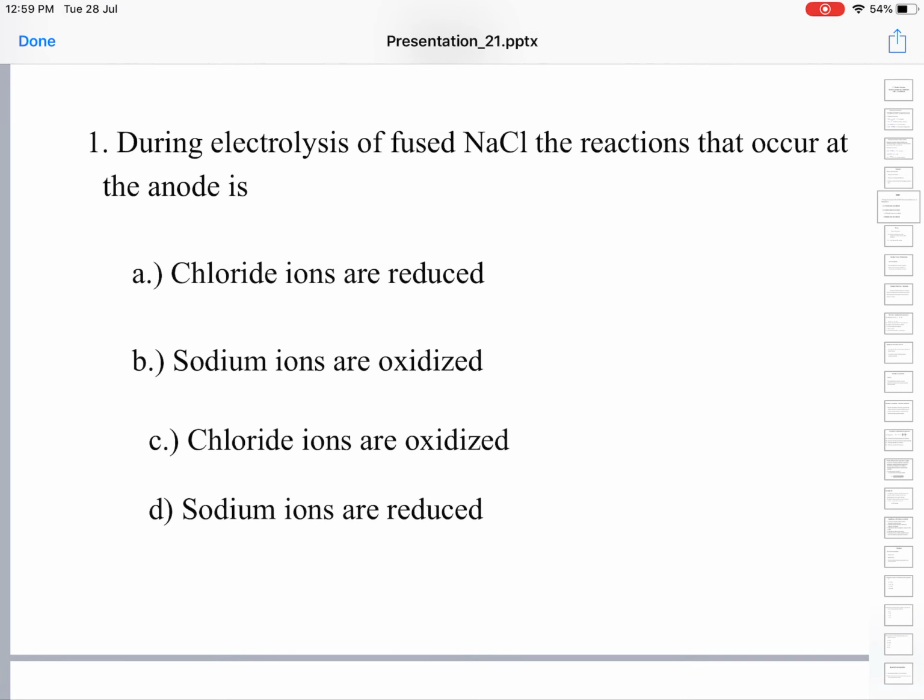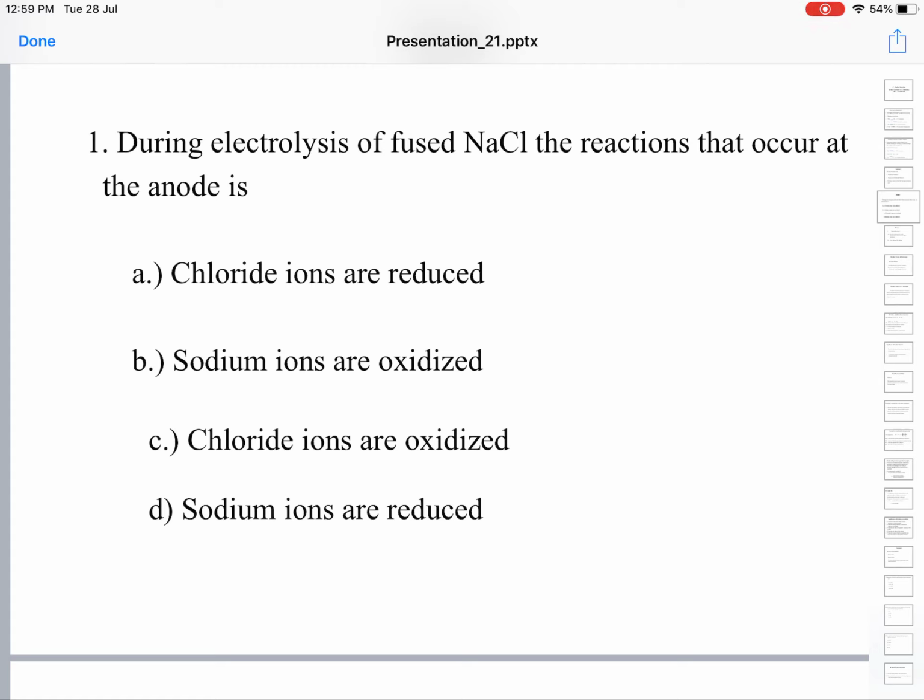During the electrolysis of fused sodium chloride, what kind of reaction occurs at the anode? Chloride ions reduced, sodium ions oxidized, chloride ions are oxidized, sodium ions are reduced. See, negatively charged chloride ions, Cl minus ions, go to the anode.